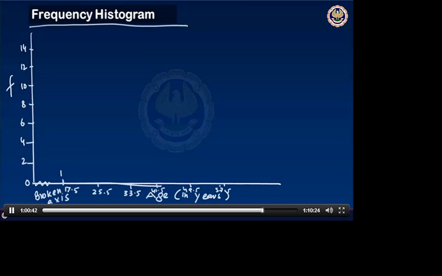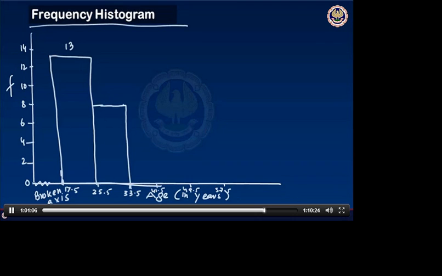So the first frequency was 13, so this will be somewhere here. We are going to make a box between the class boundaries. The next will be touching this, which is 8, and this comes up to 33.5.